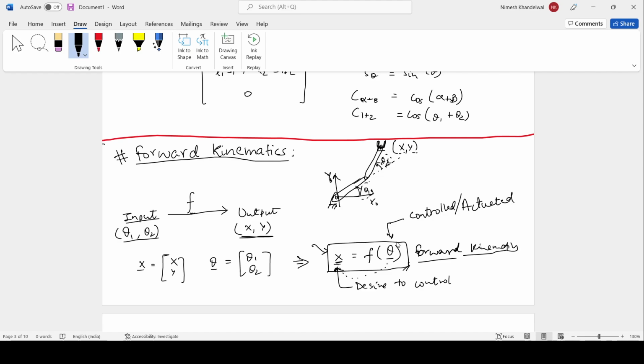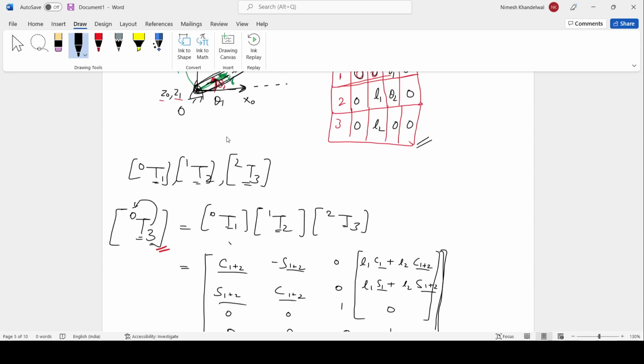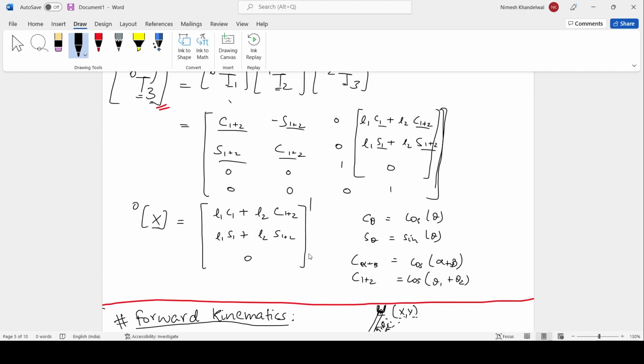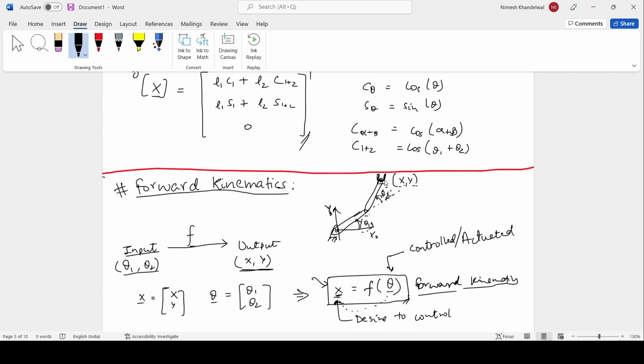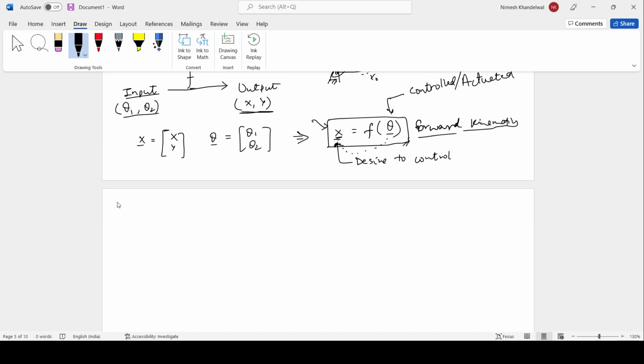We have seen this procedure in the previous section, that we just take the translation part of the final transformation matrix between the end effector frame and the base frame. So we'll continue the example that we were taking of the 2R manipulator.